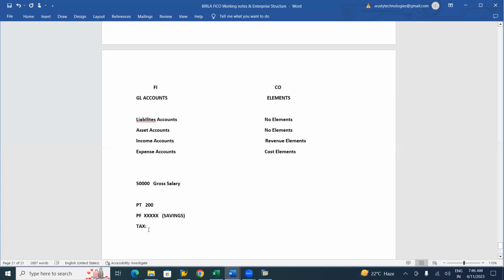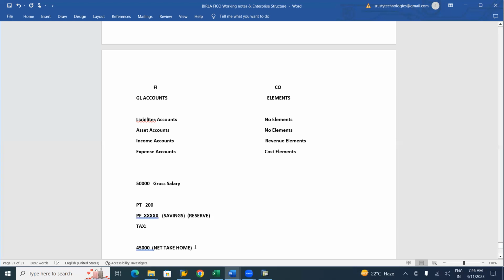After that, you are getting, for example, 45,000 after deduction of all. Now this is your net take home salary. This is nothing but your reserve, which is mandatory, right?